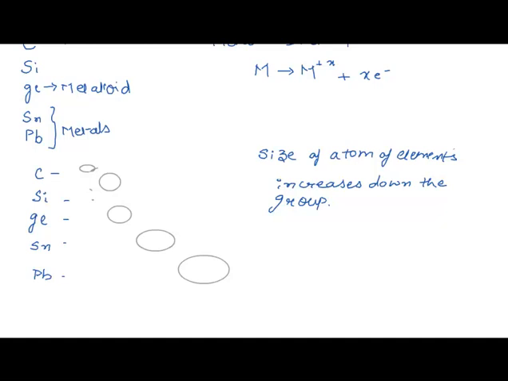Those protons exert attractive force on the valence electrons. Protons are what type of charge, children? They are positively charged. Now what will these positively charged protons do? They will attract electrons.